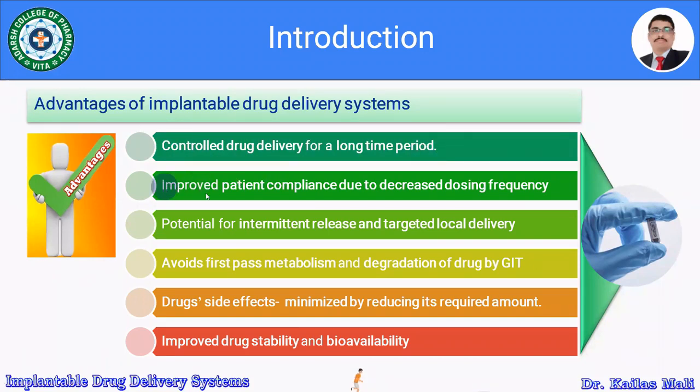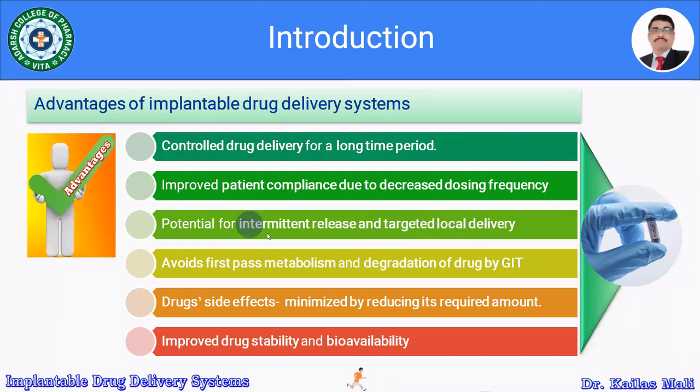There is improved patient compliance due to decreased dosing frequency. The patient compliance is going to be increased, and the reason behind is that the frequency of administration is going to be decreased. Then potential for intermittent release and the targeted local delivery.